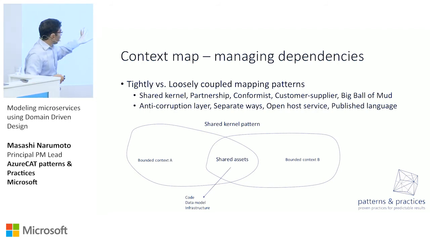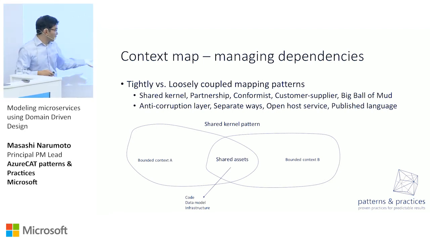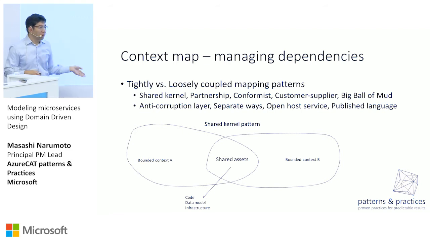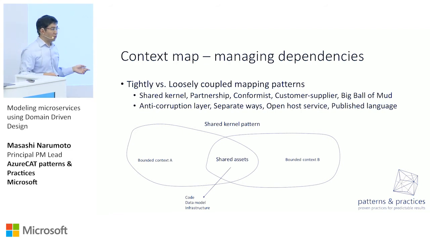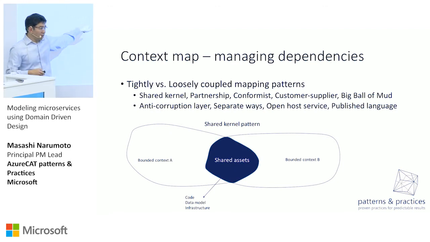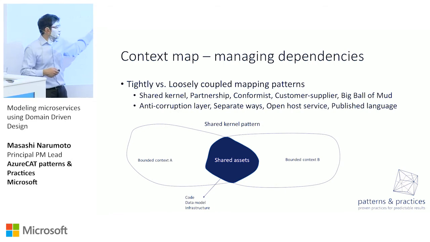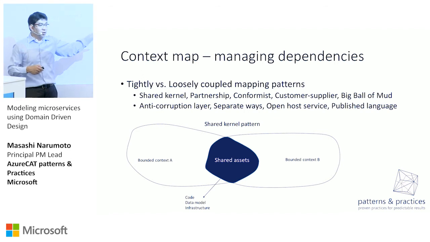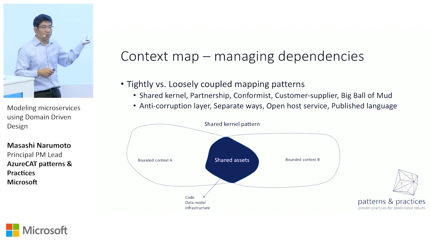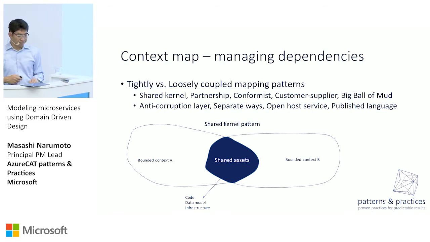Bounded contexts A and B share some sort of assets. Common examples are code, data model, or infrastructure like messaging or some others, right? So whenever bounded context A would like to change those assets, it will affect the other bounded context. That's why it is tightly coupled. You should avoid those relationships between bounded contexts as much as you can.